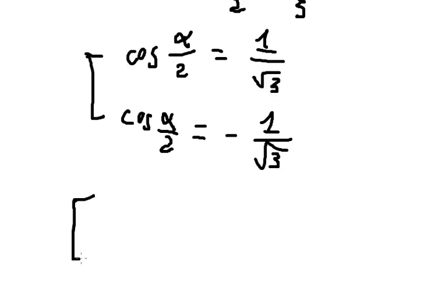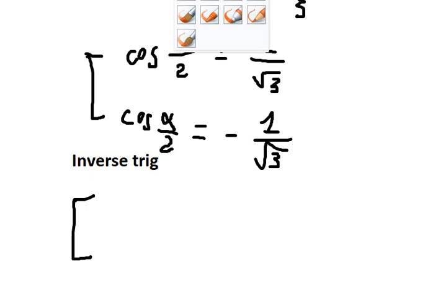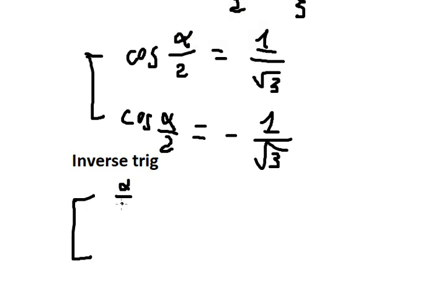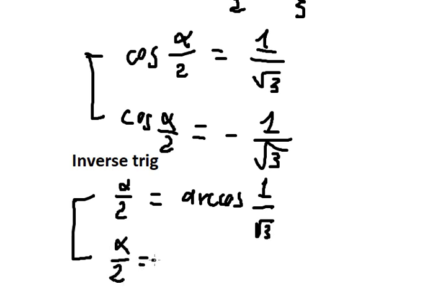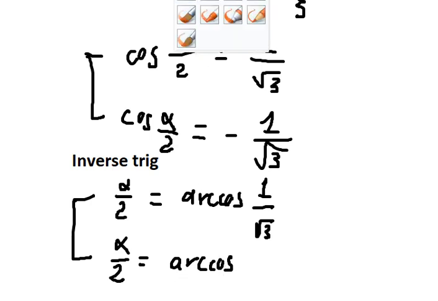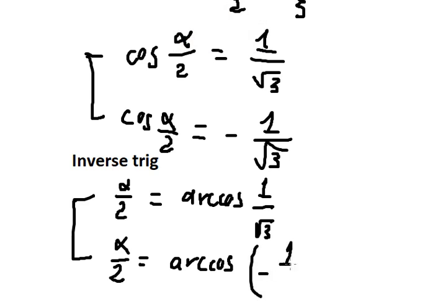And now we apply inverse trigonometry. So we have alpha over 2 equals inverse cosine of 1 over the square root of 3. And the next one is inverse cosine of negative 1 over the square root of 3.